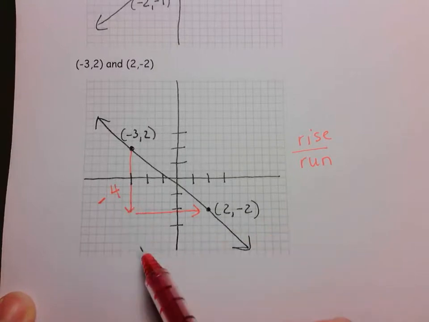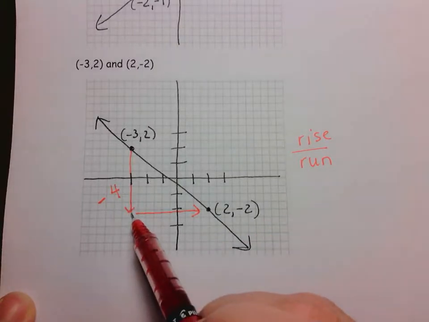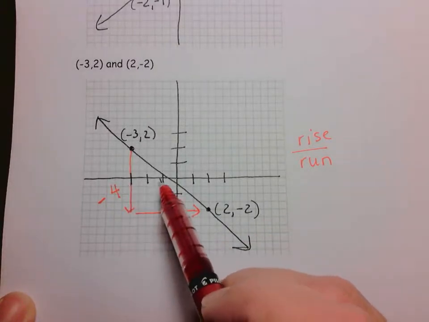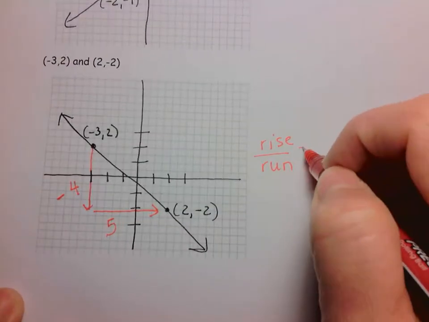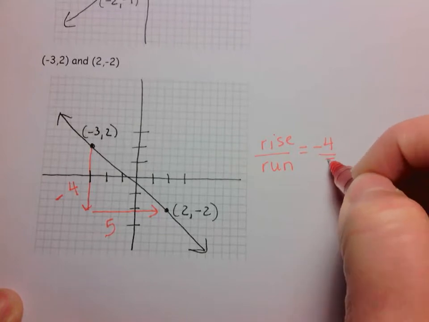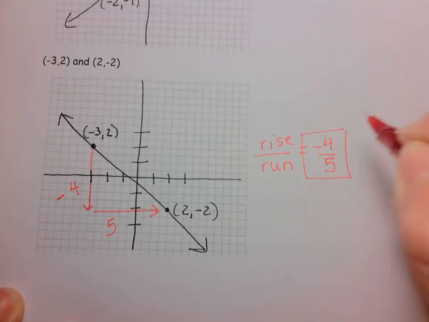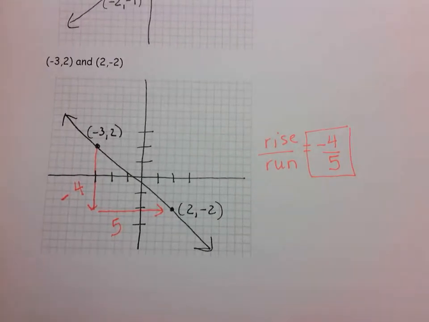And how many units did I go over to the right? 1, 2, 3, 4, 5. And so my slope is -4 over 5. When y went down by 4, x went up by 5. I went down 4 and to the right 5. So my slope is -4 over 5.